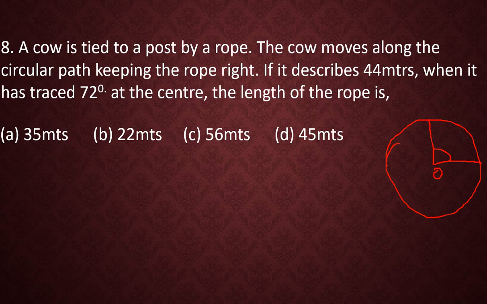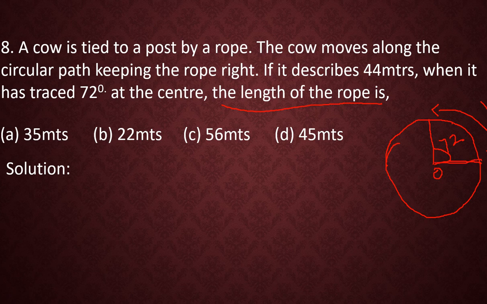So this length is given as 44 meter. That is arc length. So this length is arc length 44 meter. The angle subtended at the center is 72 degree. So we have to find the length of the rope. Okay, so this length I have to calculate, the length of the rope.